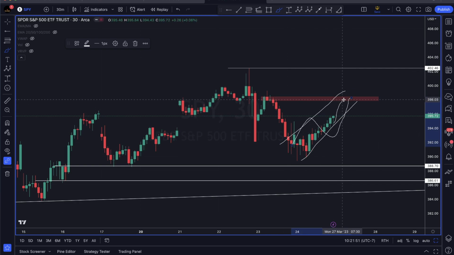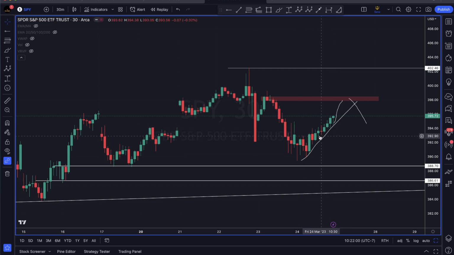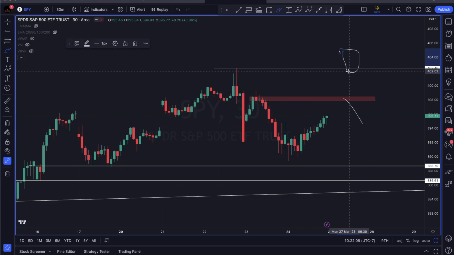So if price attacks this zone, I would be happy to take puts with the stop loss at the prior high. If I'm watching a 30-minute chart, then if this 30-minute candle closes above this prior high, I'll get out of my position.